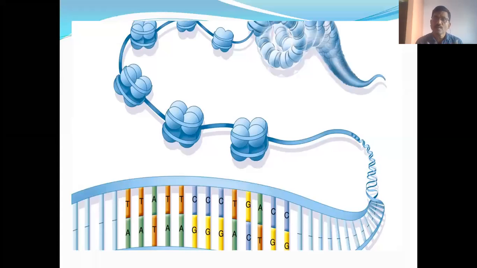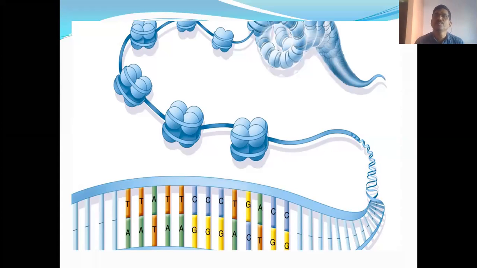Heterochromatin is present in compact form, and euchromatin is less compact. So euchromatin has a role in the formation of messenger RNA, or transcription, and heterochromatin has no role in transcription.